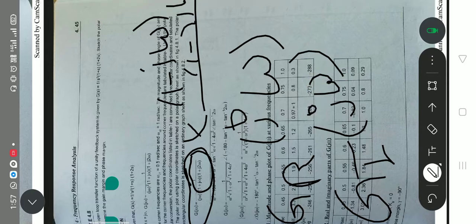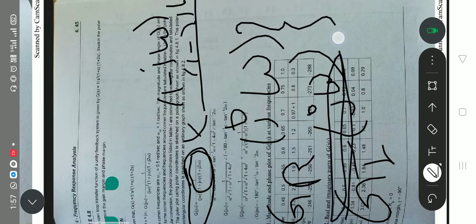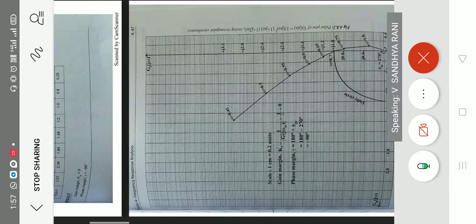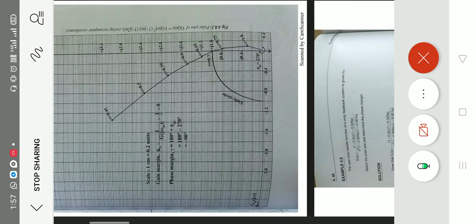Then we can substitute these omega values in these two expressions, the real axis and the imaginary axis. After that we can draw the polar plot here. You can plot all the points, real and imaginary terms.